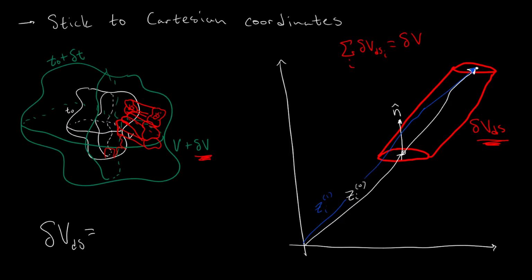So then this vector here, which I will draw over in green, is just going to be the difference between these two vectors, right? So I'll call this delta z_i. So this is how much this z vector changes, and that's z_i^1 minus z_i^0.